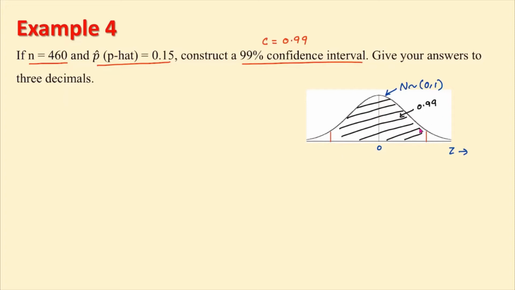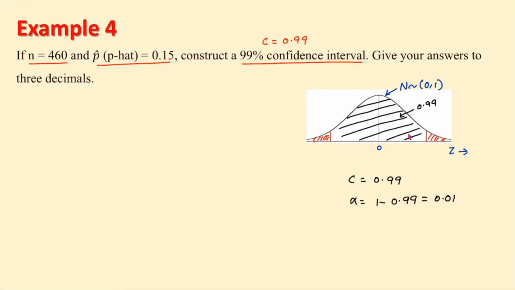So this value is your C. C is equal to 0.99. So alpha is 1 minus 0.99, which is the area on the tails, that is 0.01. But remember that 0.01 is divided on two tails, on the left and also on the right.